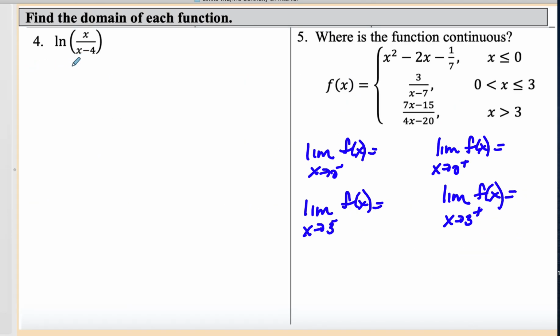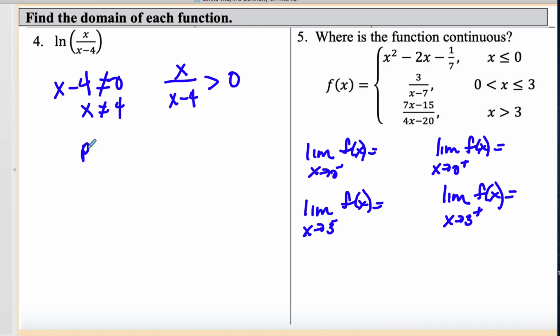Let's take a look at our natural logarithm. Our denominator dictates that it cannot equal 0, so right off the bat, x cannot equal 4. We know that the argument has to be positive, and the only way it's going to be positive is if the numerator is positive and the denominator is positive, and that'll happen when x is greater than 4.